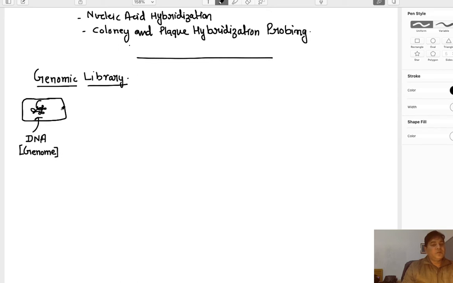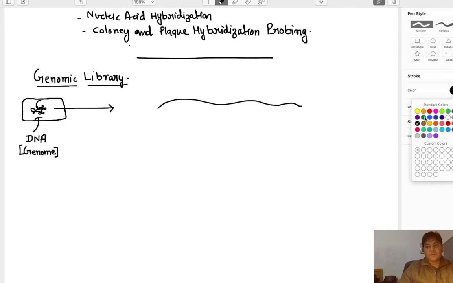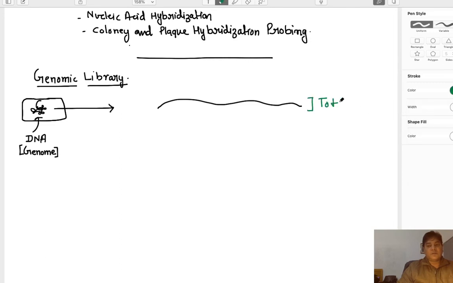All right. So what we have to first do, we first have to take out the whole genome. So this is the total DNA content of this cell.